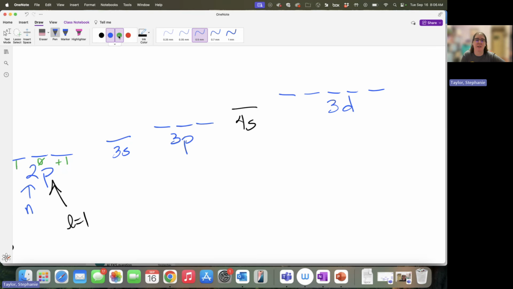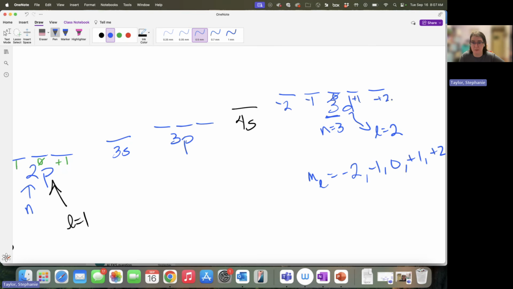Since that's the 3D, the 3 is my value of n, the D is my L equal to 2, which means my m sub L values start at negative L: negative 2, negative 1, 0, positive 1, positive 2. That's 5 values. So that orbital notation comes from quantum numbers. That's where it comes from.